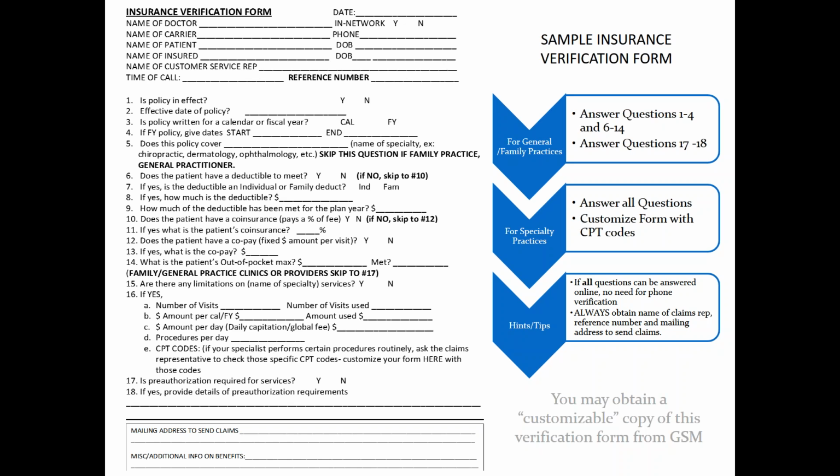The out-of-pocket max refers to the amount that a patient or a family would have to pay out of their pocket before insurance kicks in at 100% in that calendar year or that fiscal year. So generally, the out-of-pocket is going to be a really high number.